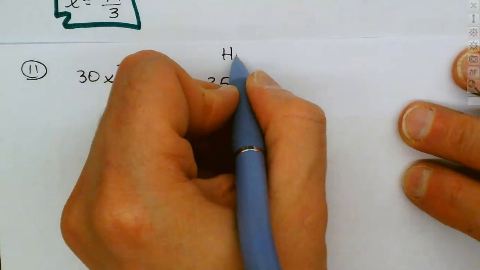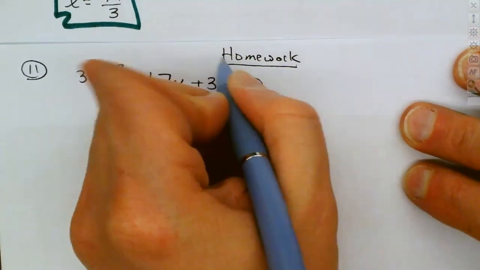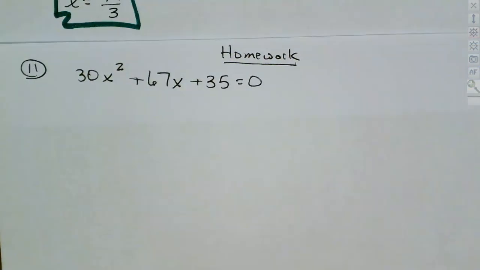And this is the homework. So question number 11 from your homework. I'm going to work out this one completely, and then we'll talk about question 12, because I want you to see how to factor things out of 12. So question number 11.